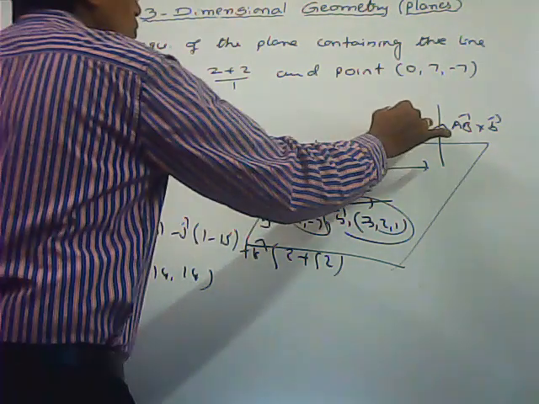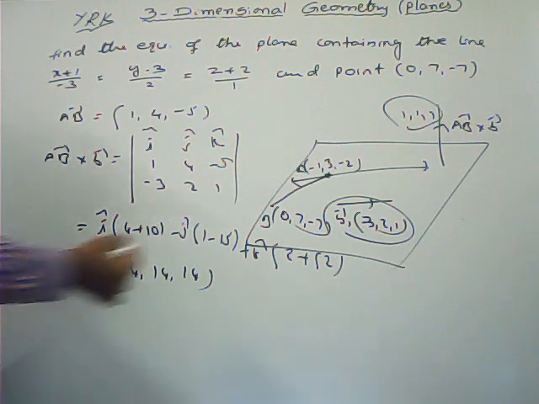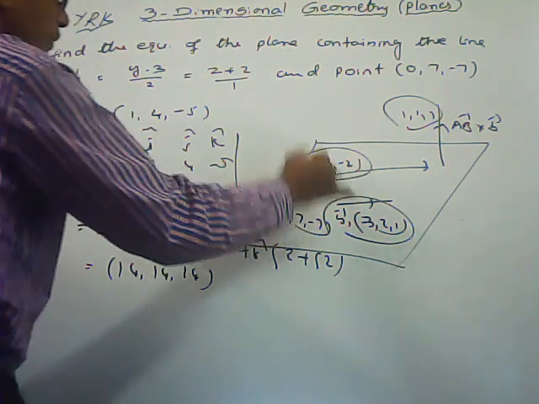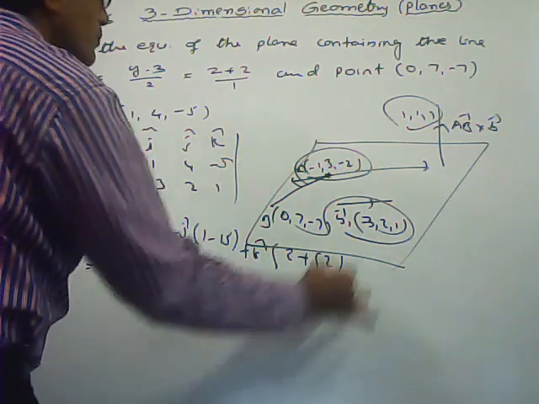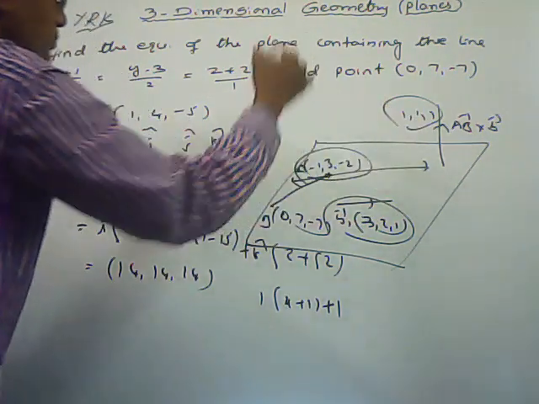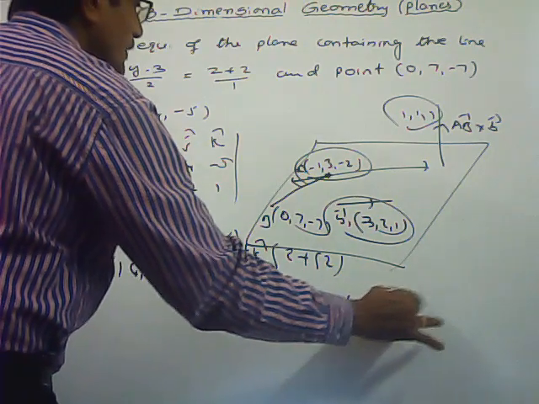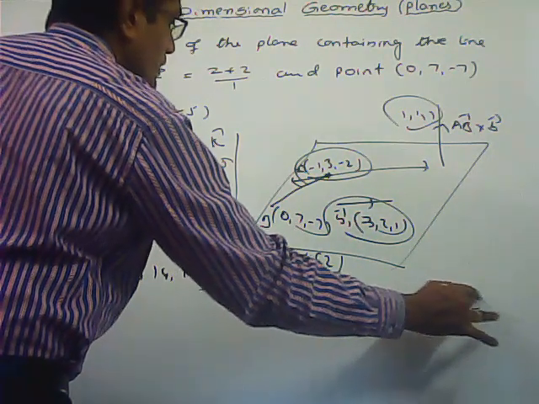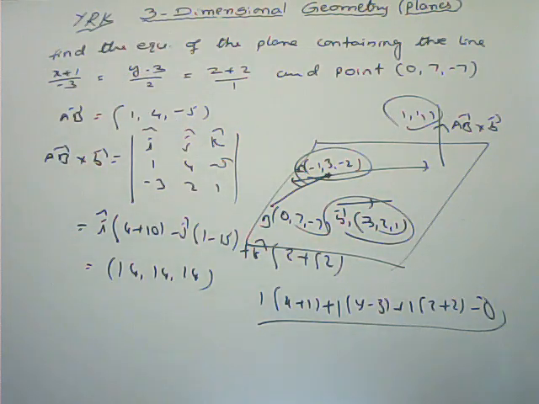We can take 1, 1, 1 also, the simplest form you can take. And passing through any point you can take. If I take a into x minus x1 plus b into y minus y1 plus c into z plus 2 equal to 0, where a, b, c are the normal DRs of this plane, and simplify that one, we can get the equation of the plane.